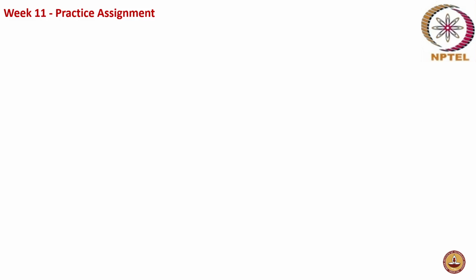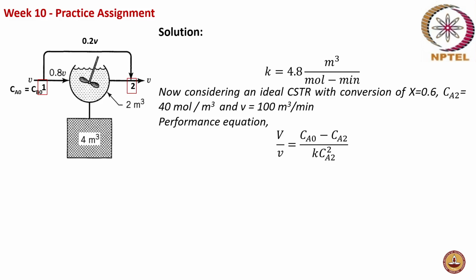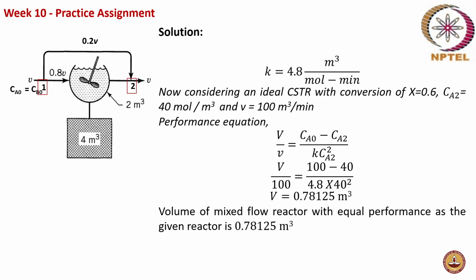That means if we go for an ideal mixed flow reactor to give the same performance of 60% conversion for this second order reaction of A plus B giving R plus S with Ca0 equal to Cb0 and a volumetric flow rate of 100 meter cube per minute, you will require a very small reactor compared to this reactor.